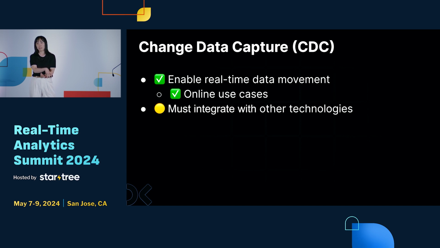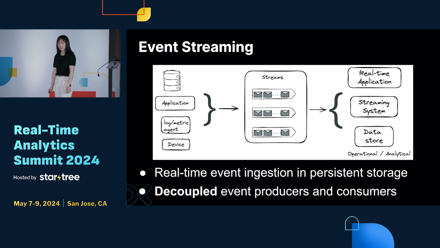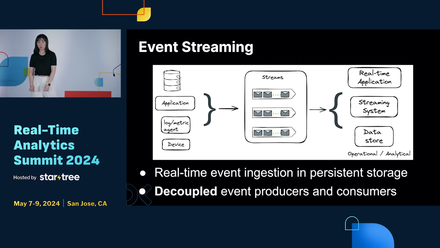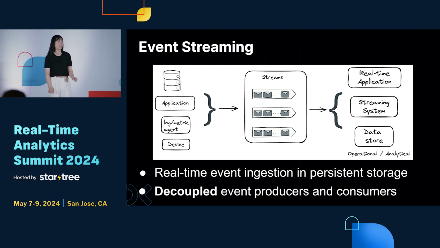So either it's putting into a different system, or you want to write a microservice or applications. That's additional stuff you need to handle. And the next one is event streaming. So it's basically the event streaming is it allows real-time event ingestion into a persistent storage.